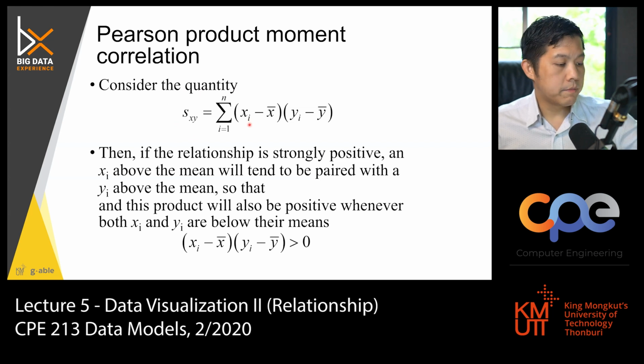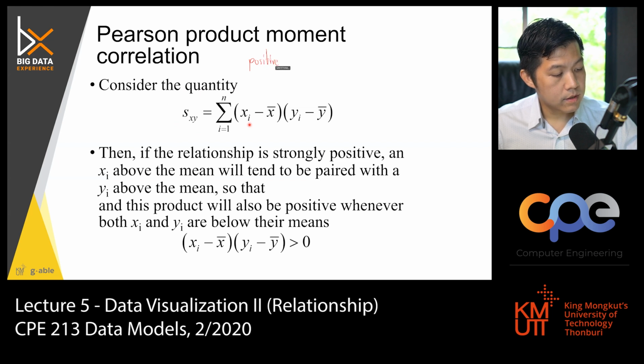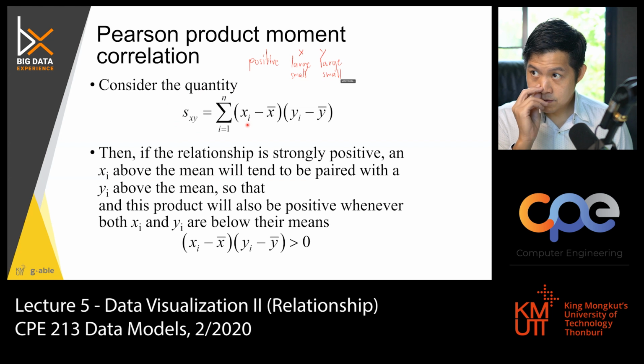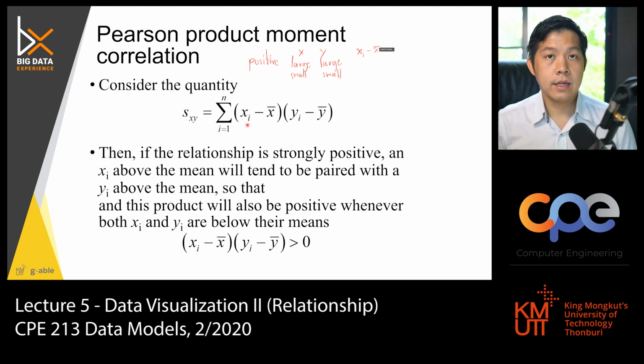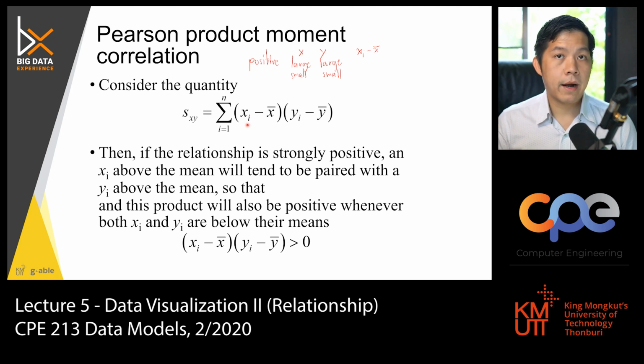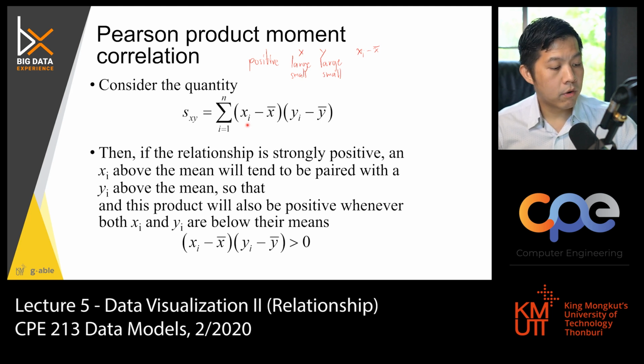In the positive case, x is large and y is large, and x is small and y is small. If x is large and we compare it to the mean, x_i minus x bar would be a positive value.